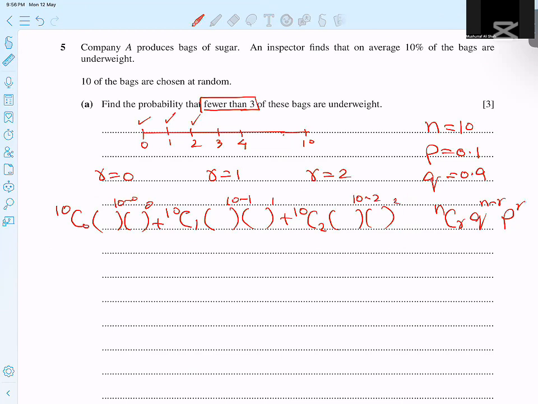So the Q value is 0.9 and P is 0.1 in each.